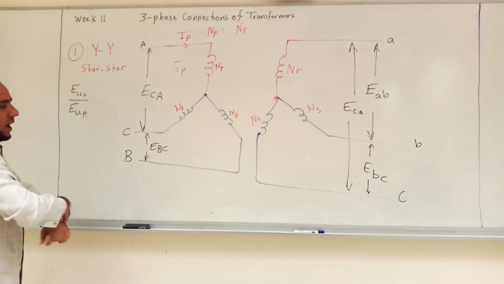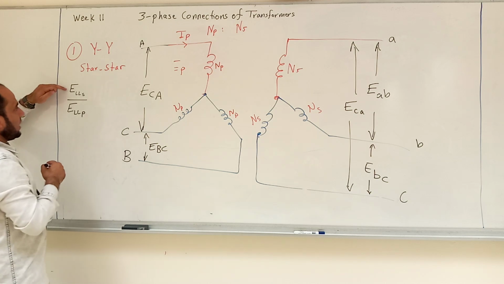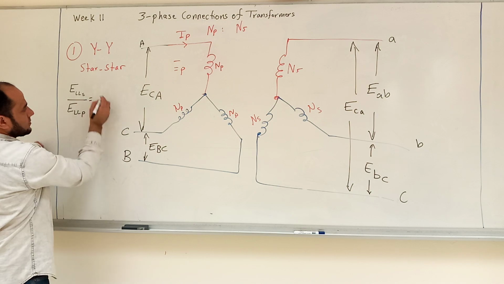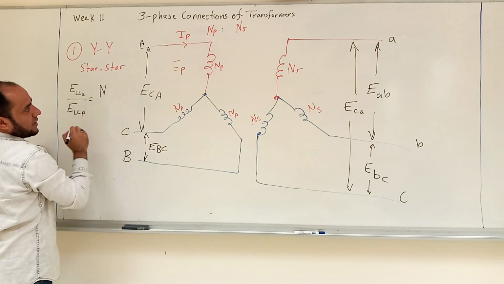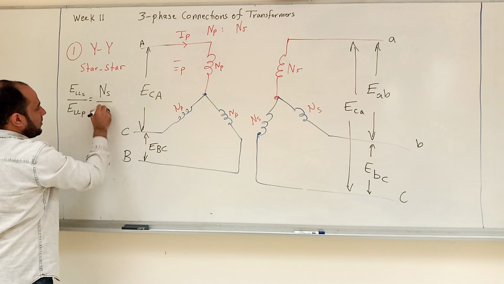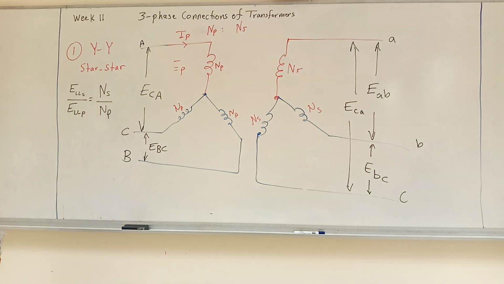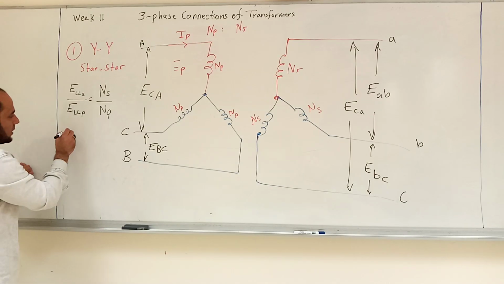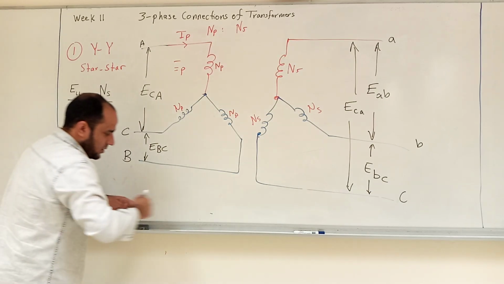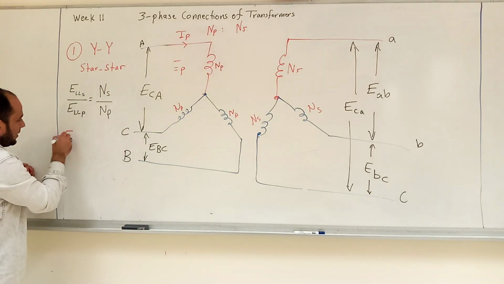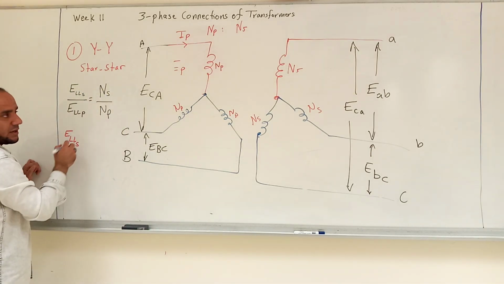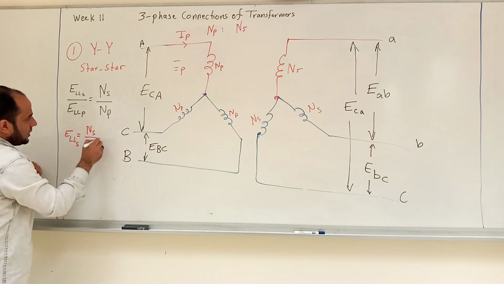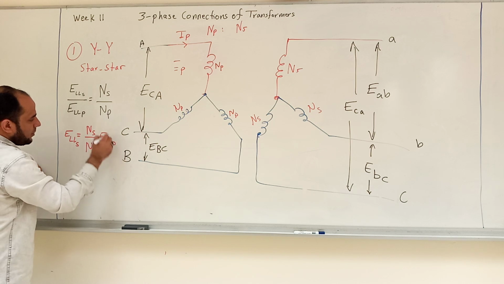So let's bring our equations from single-phase transformers. E line-to-line secondary over E line-to-line primary is equal to the number of turns in the secondary over the number of turns in the primary. From here, we can conclude that E line-to-line secondary is NS over NP times E line-to-line primary.